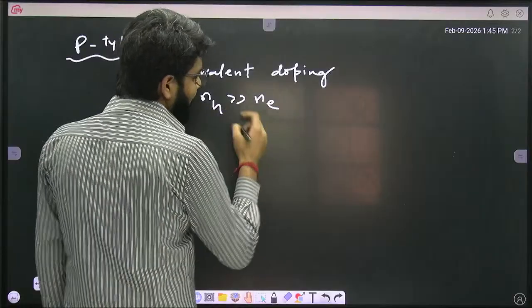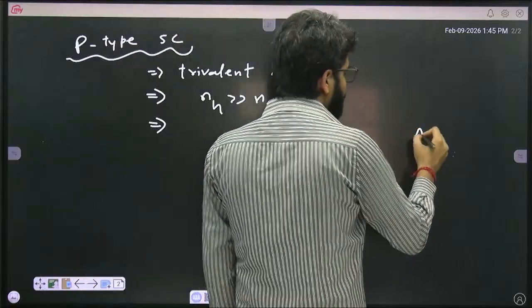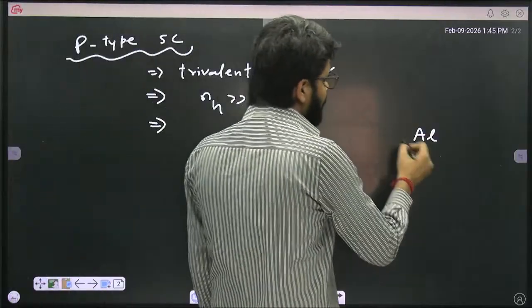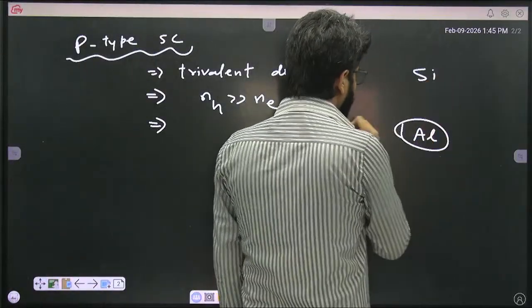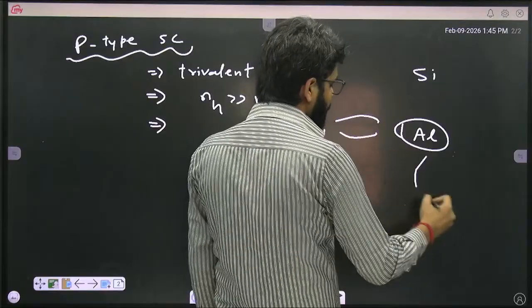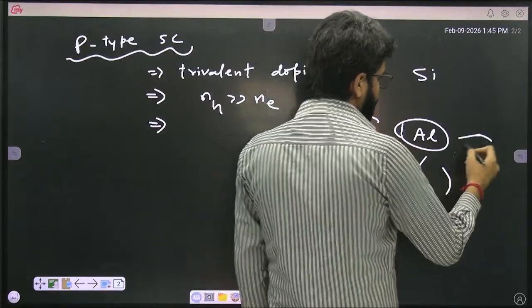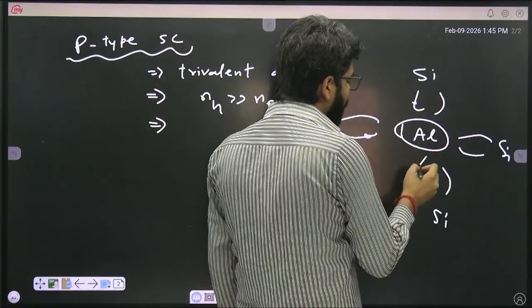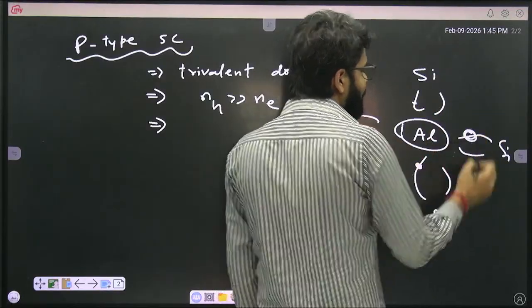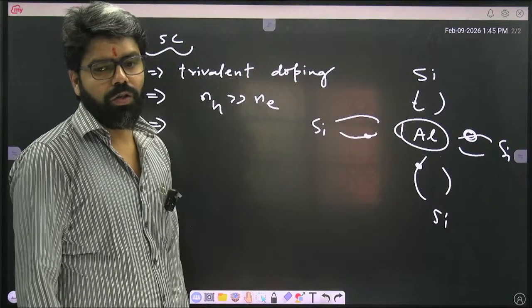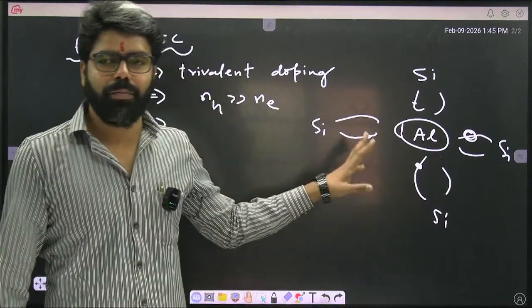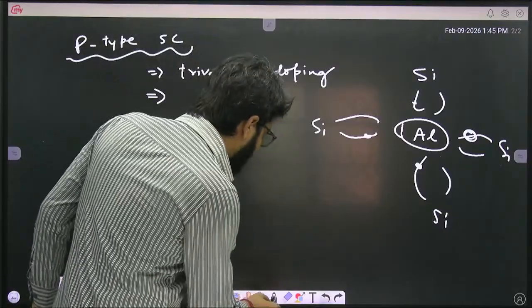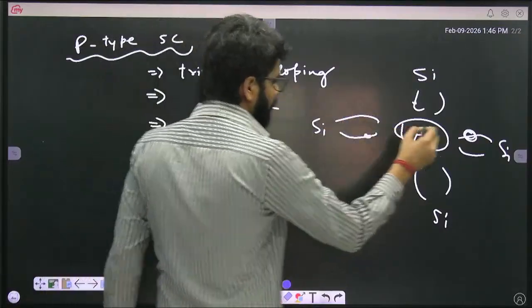Why is the number of holes greater than the number of electrons? Because suppose aluminum has 3 valencies. If we take aluminum and it forms covalent bonds with silicon, only 3 covalent bonds will be formed and 1 place will remain vacant. So without any heat agitation, we already have a hole.